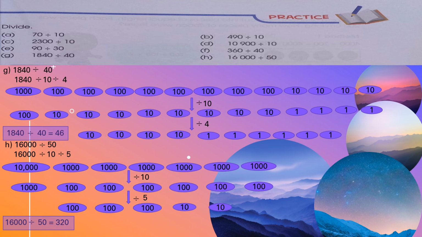After division we have 1,600. And this 1,600 is going to be divided by 5 and the result is 320 tens. So 16,000 divided by 50 is equal to 320.